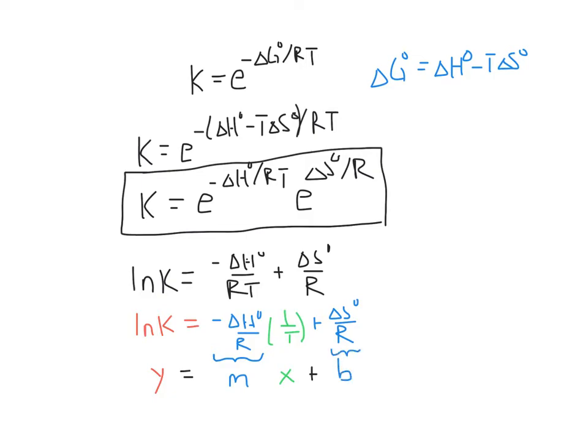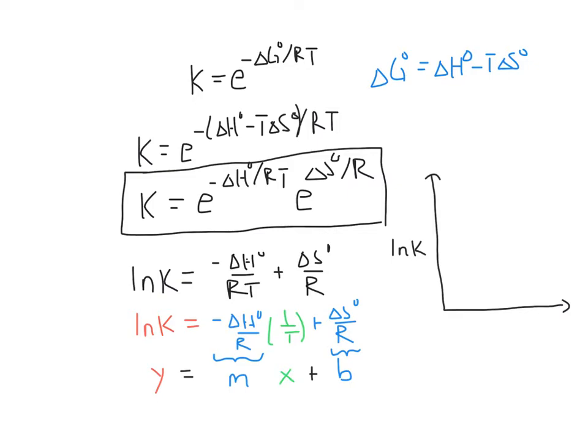And so if we make a graph of data where we've measured the equilibrium constant, K, and we calculate from our measured values of K the natural log of K and put that on the y-axis, and we've measured this at various different temperatures, and we calculate 1 divided by the temperature.